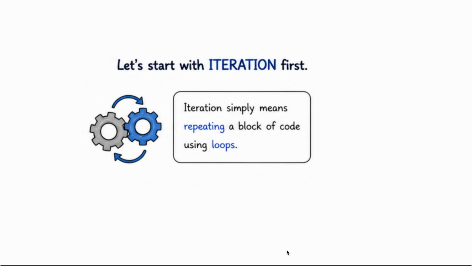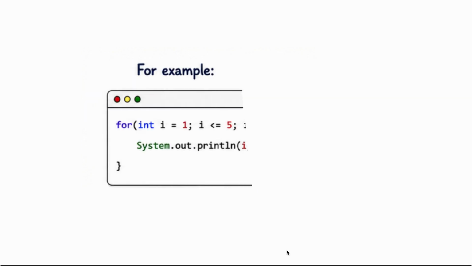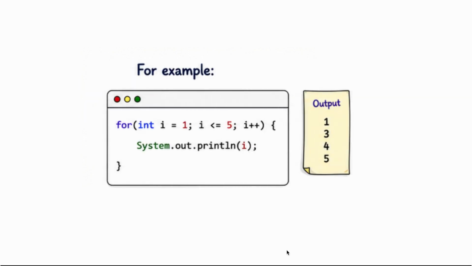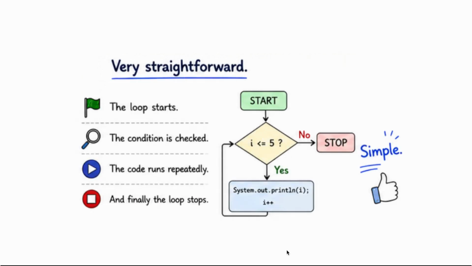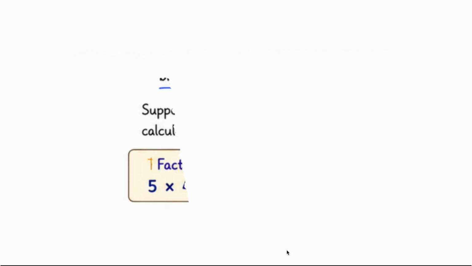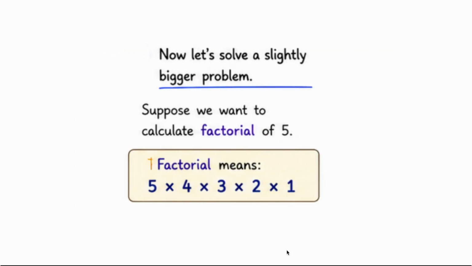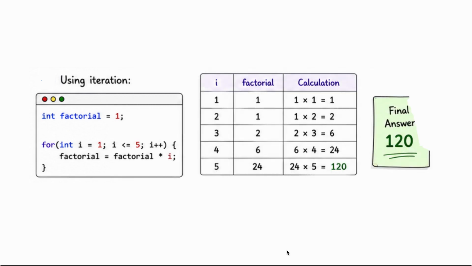Iteration simply means repeating a block of code using loops. It is very straightforward. The loop starts, the condition is checked, the code runs repeatedly, and finally the loop stops, right? So it's very simple. Now let's solve a slightly bigger problem. Suppose we want to calculate factorial of 5. Using iteration, we can simply run a loop and calculate the factorial, right?